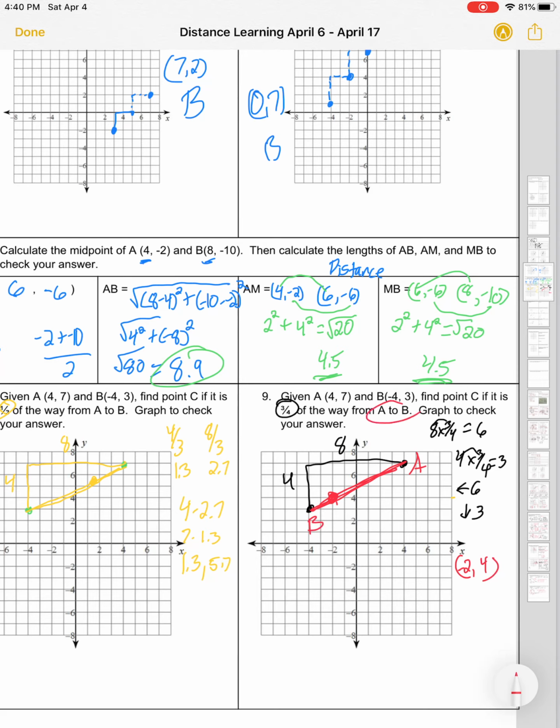Now pay attention to if it's A to B, because if we were going from B to A, that dot would be in this area somewhere, but since we're going from A to B, that's why it's located there.